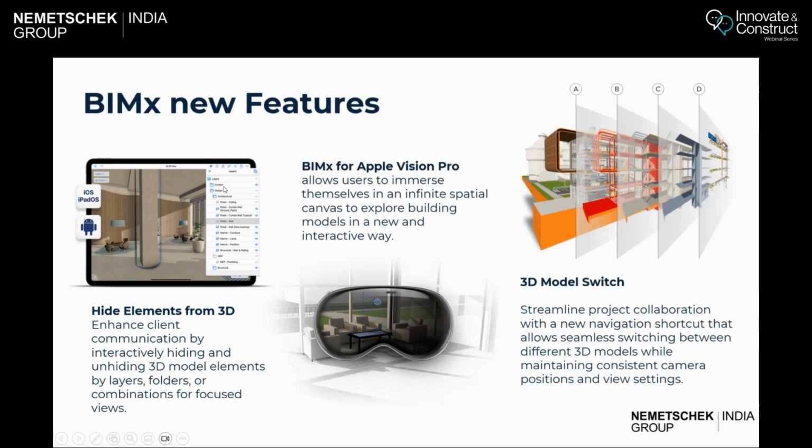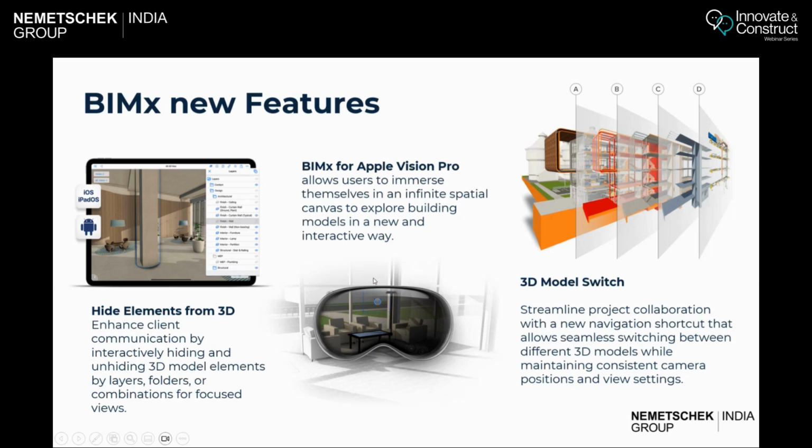So now I'll have access to all the different layers, which we can directly turn on or off inside BIMx itself. And there is integration with the Apple Vision Pro, which will allow me to create a spatial canvas to explore building models.